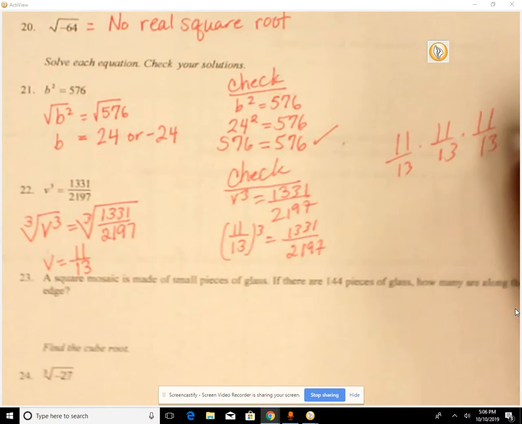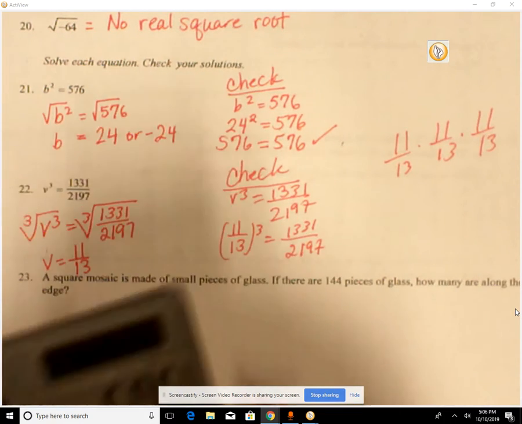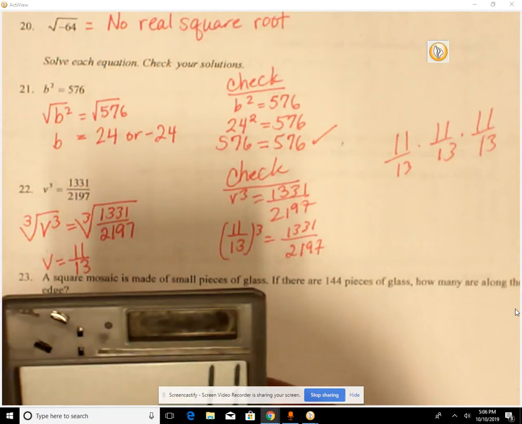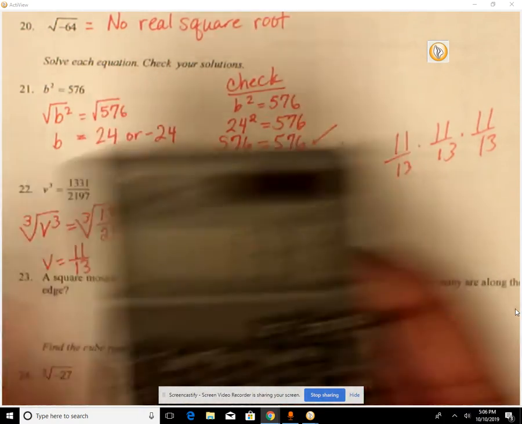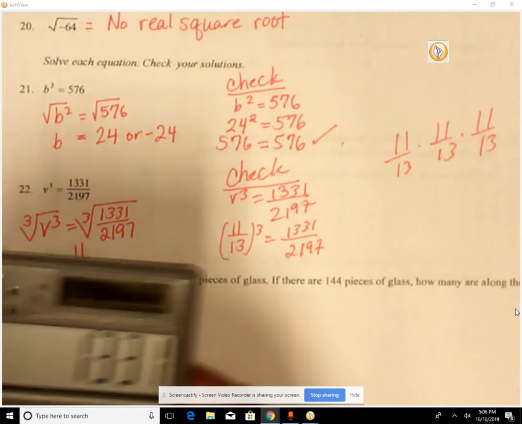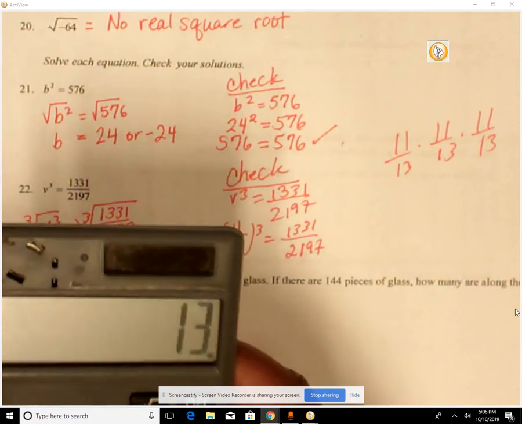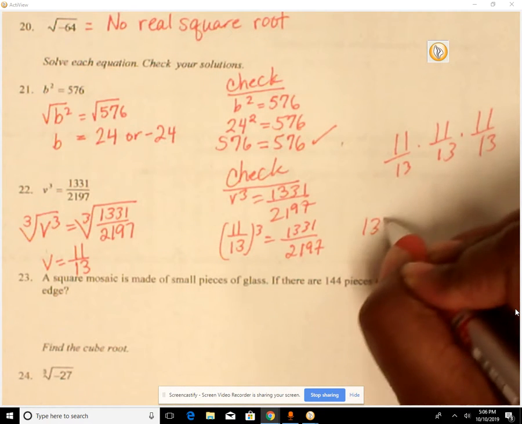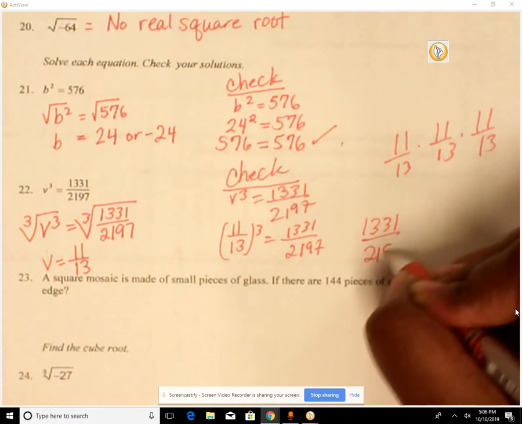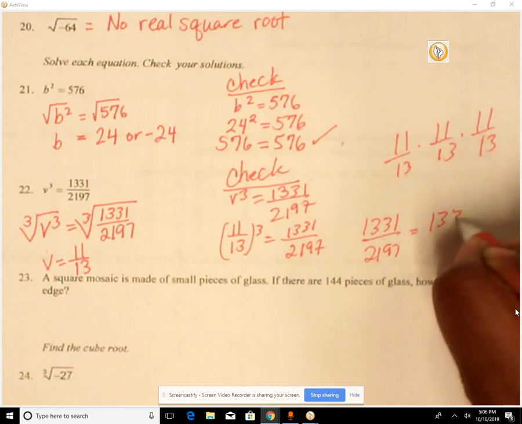So really, I'm going to go to my calculator and type 11 times 11 times 11, 3 times. I got 1331. So that's right. That's what we need. Now I'm just going to go ahead and do 13. I got 2197. So I was right. My answer was right. Thank goodness. But we have to check to make sure our answer is right.